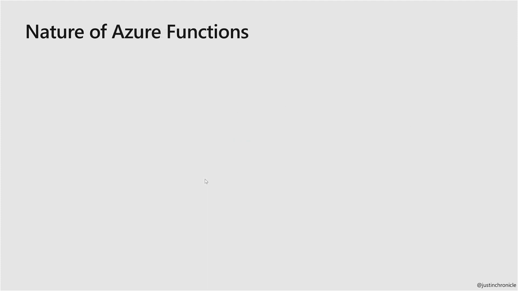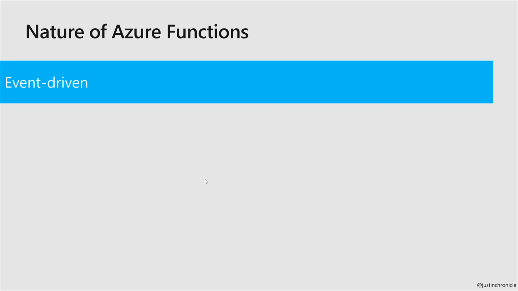Let's move on to the nature of Azure Functions. The first two things I'm going to talk about are actually about serverless architecture in general. As I said, all serverless applications are event driven.